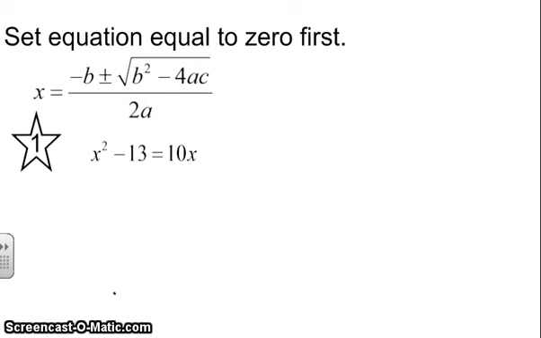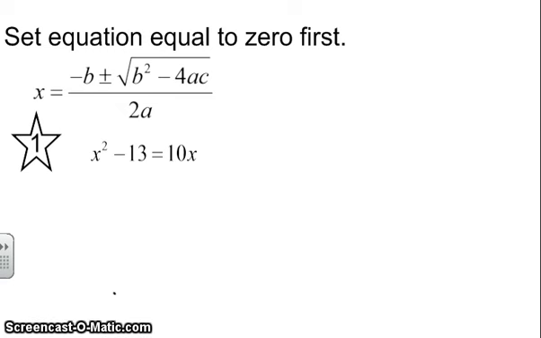So just like before, we prefer the leading coefficient, that would be the one that has the power of 2, to be a positive coefficient. So this is a positive 1x squared where it is right now. I don't want to move it because I don't want to change it to be negative. So that means everything that's on the right has to get moved.